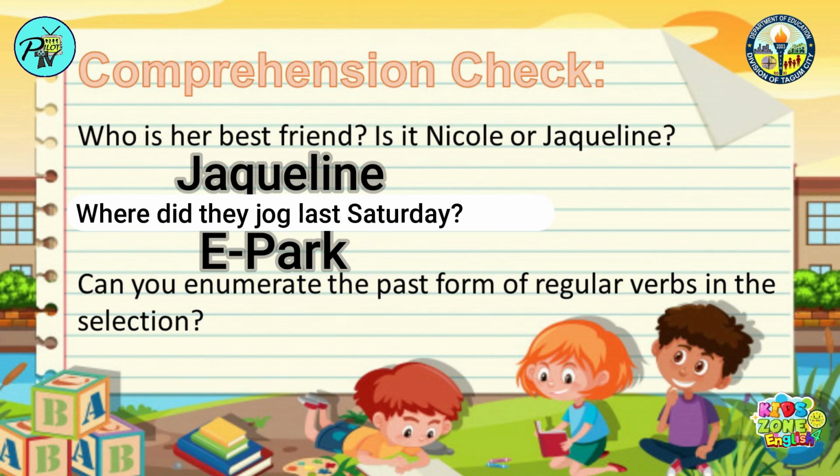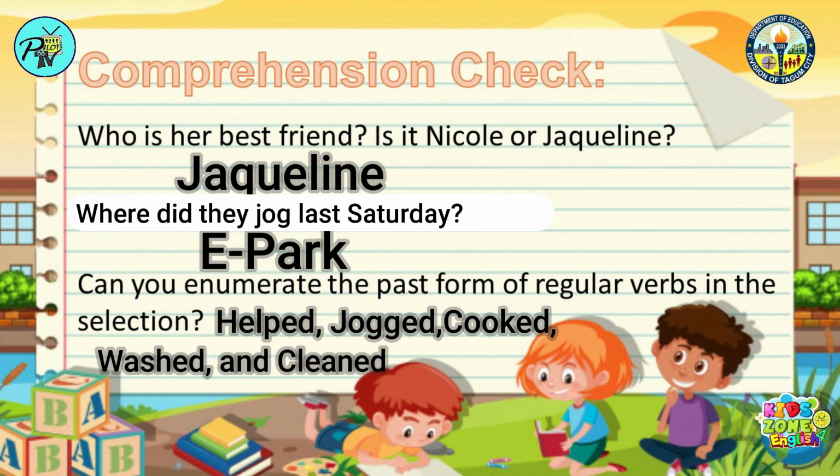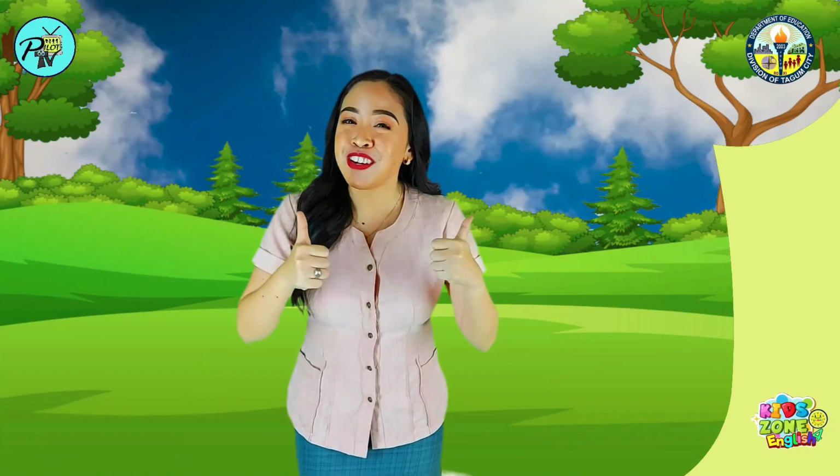Last question. Can you enumerate the past form of regular verbs in the selection? Helped, jogged, cooked, washed, and cleaned. Very good, kids. You are now all ready to learn.